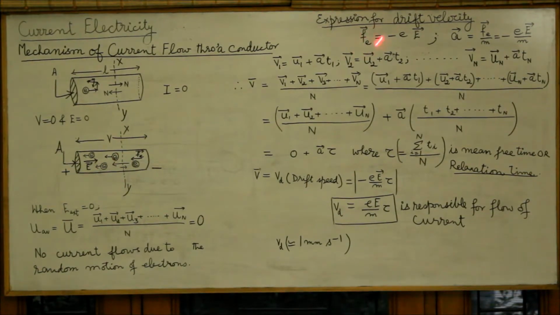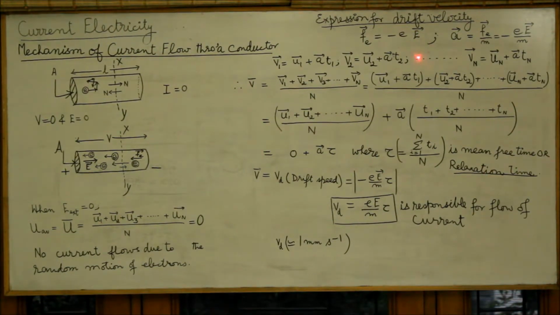Fe, the force on each free electron, is minus e multiplied by capital E, the electric field intensity.